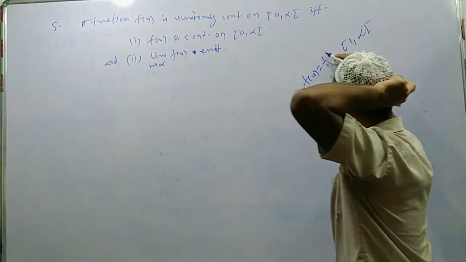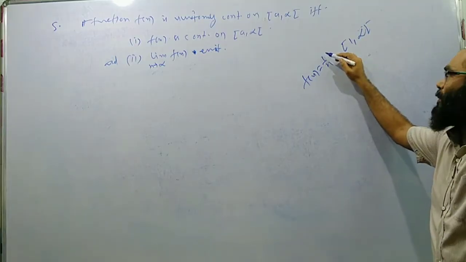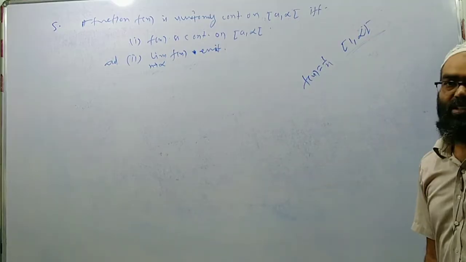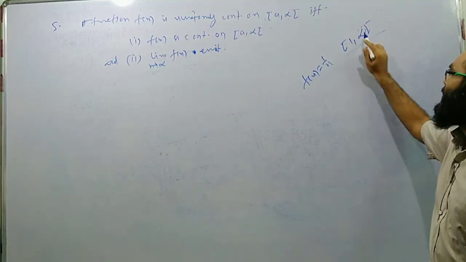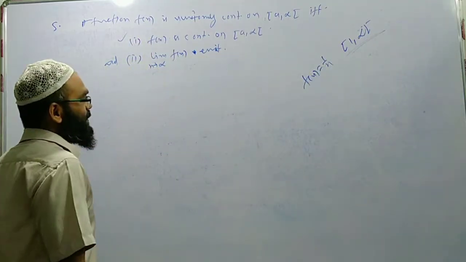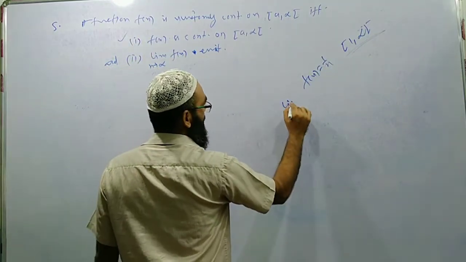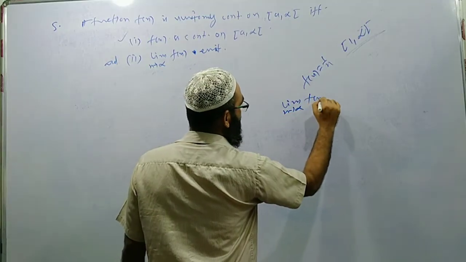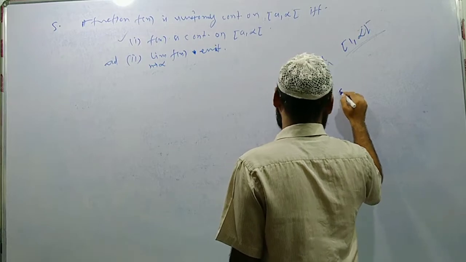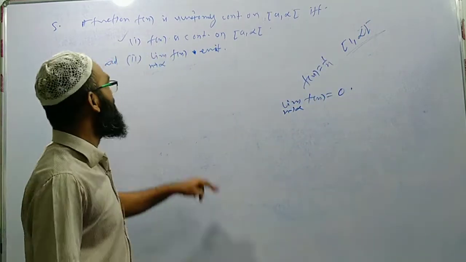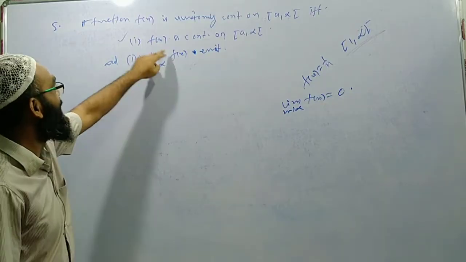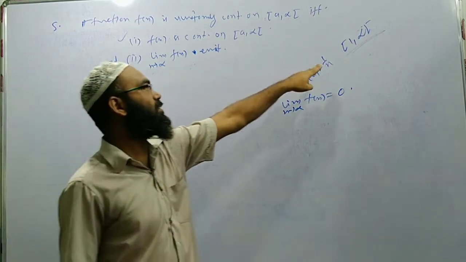Here f(x) has a point of infinite discontinuity at x equal to 0, which is out of this interval. So f(x) is continuous on this interval. Condition 1 is satisfied, and limit x tends to infinity f(x) equal to 0. So this limit also exists, and condition 2 is also satisfied. Therefore f(x) is uniformly continuous on this interval.